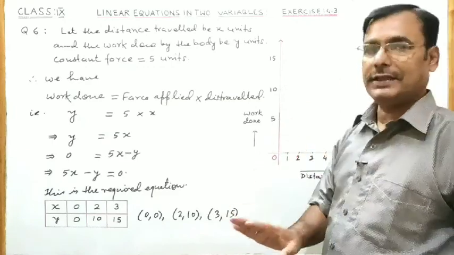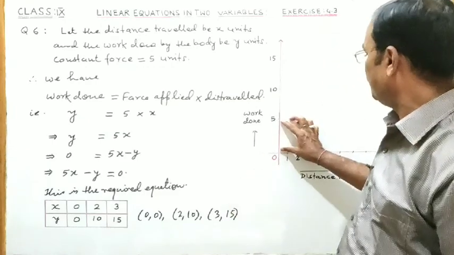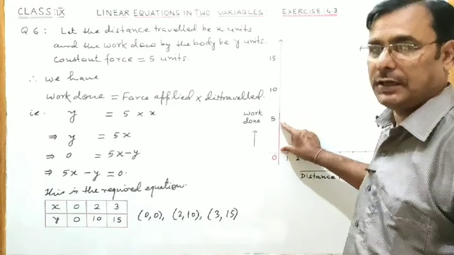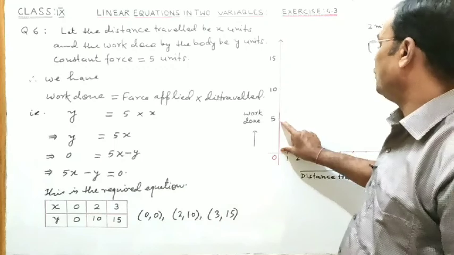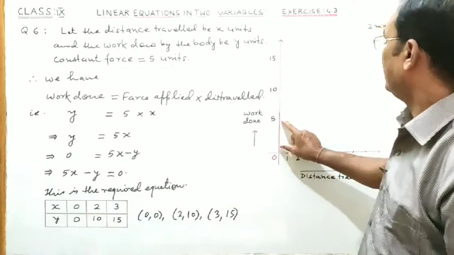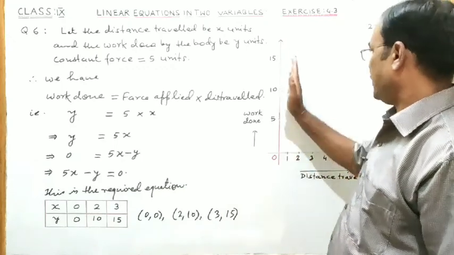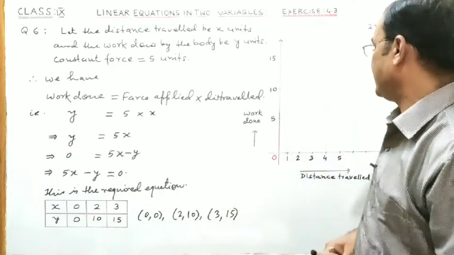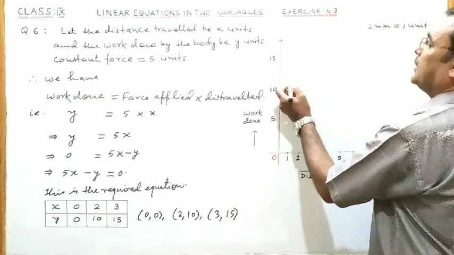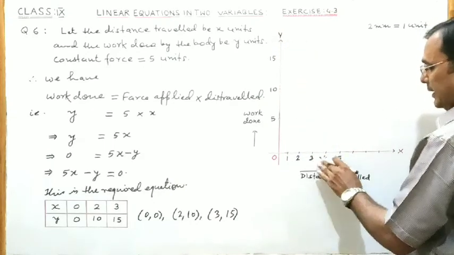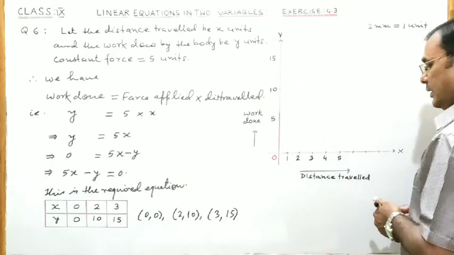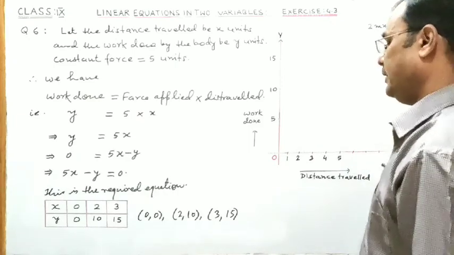If you are using centimeter graph, then 1 unit is equal to 1 centimeter and 1 centimeter is written 5 unit of work done. So work done we have written on y-axis like this 5, 10, 15 and so on. On x-axis we have written distances 1, 2, 3, 4, 5 and so on.